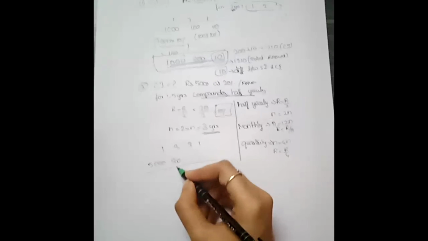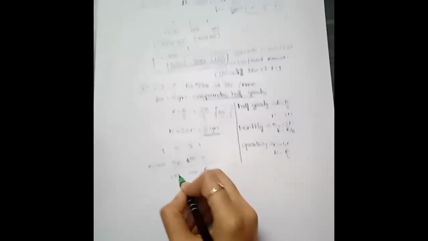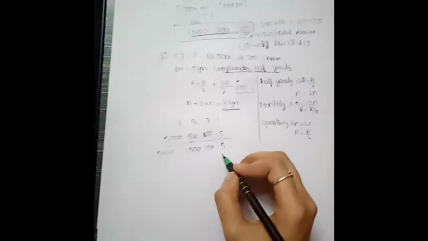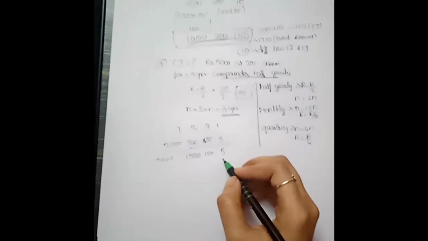And then 10% of 500 is 50. We have to multiply 5, 150, 1,500. This is 5,000. So here, can you say what is the compound interest, what is the difference, and what is the total amount? How should we add?